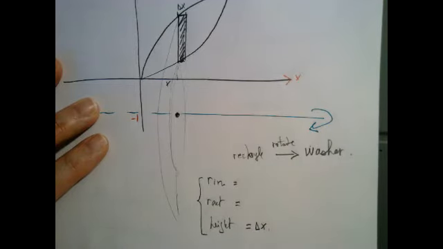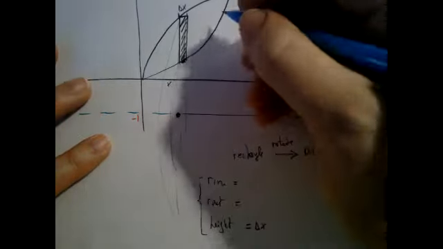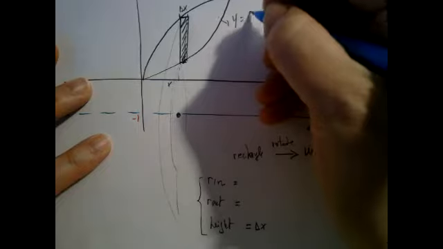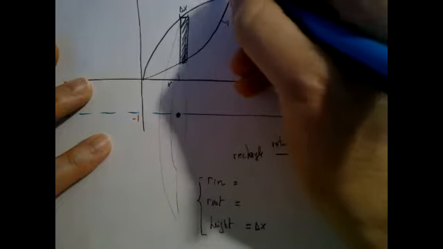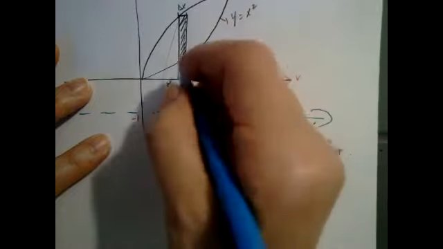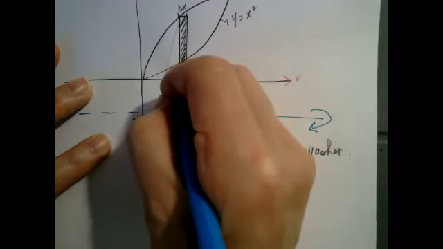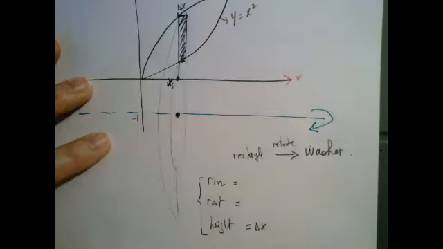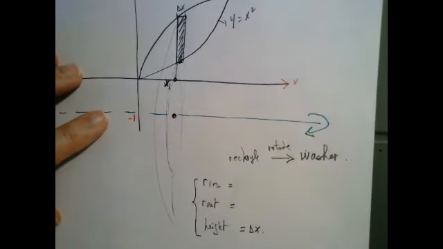Now the harder part. What's the inner and what is the outer? First, let me focus on the inner. So this is my xi here. And who can tell me what the inner radius is?